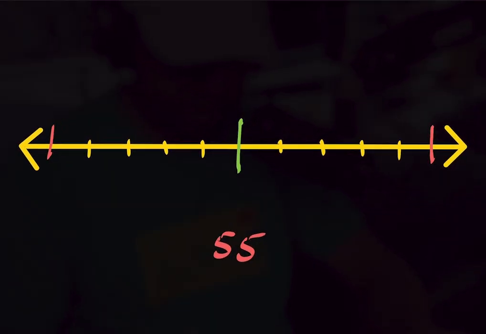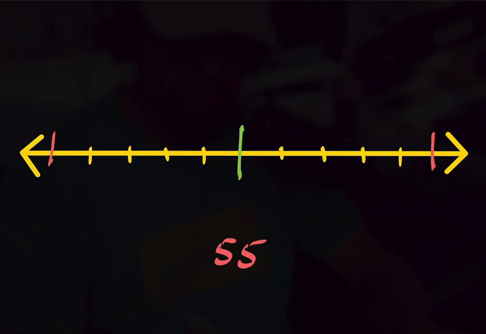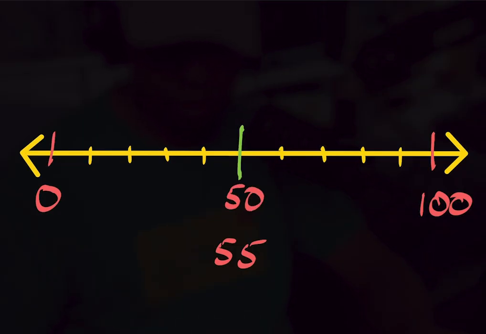$55 golf balls. These are probably Pro V1s. All right, so 55 has a 0 in the hundreds place. 100 is the next 100 up. I have to list my midpoint, which is 50. 55 is going to be just on the other side of 50.